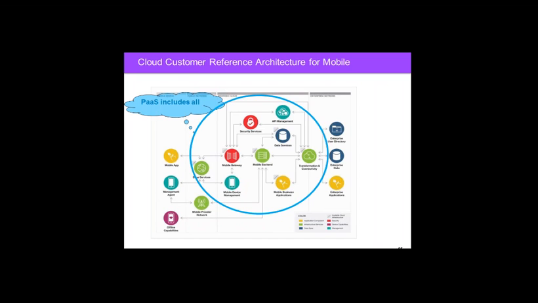A good mobile provider will provide a set of different mobile services that can be consumed and brought together to create new and interesting applications, and work with the mobile provider to do that.